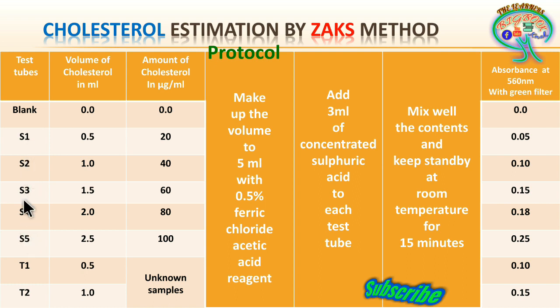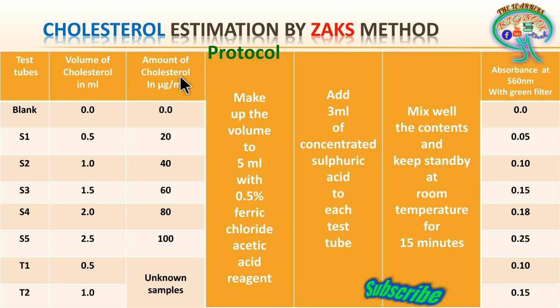All these 5 test tubes will have the standard solution of cholesterol which we have taken, and further will be T1 and T2. Here T1 and T2 will again have the duplicates D1 and D2 also. The T1, T2 and D1, D2 test tubes have the unknown sample in which we are going to estimate the cholesterol.